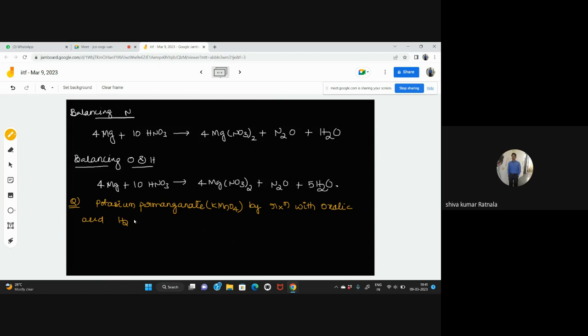As you don't know the formulas, I'm writing them, but actually in your classes they will not give it. In the presence of H2SO4 gives MnSO4, K2SO4, H2O and CO2.